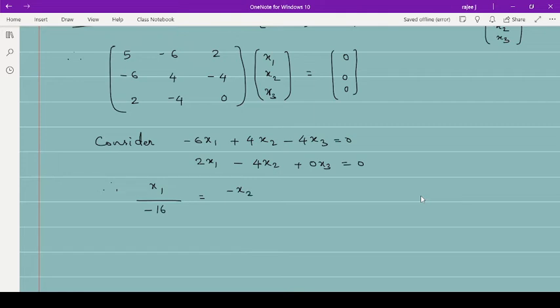plus 24 minus 16. Therefore x1, then 2, 1, minus 2.